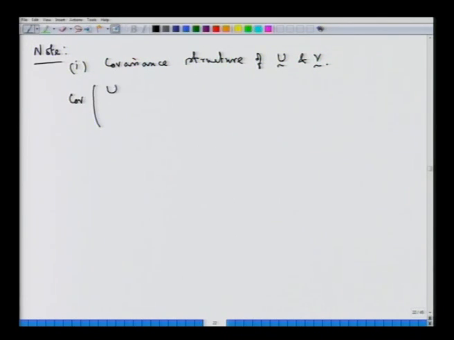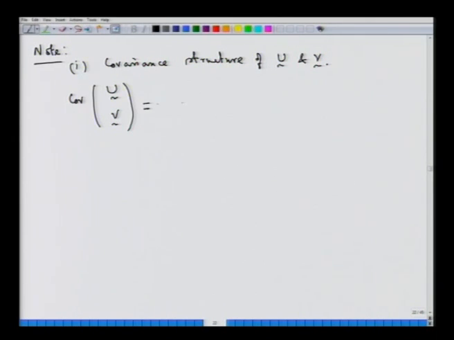So, to conclude, we will look at this structure here. The first note is that we will look at the covariance structure of the u and v vector. So, we will first look at the covariance between this u vector and the v vector.